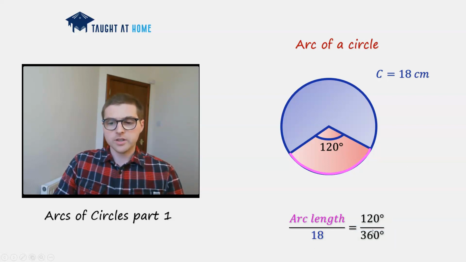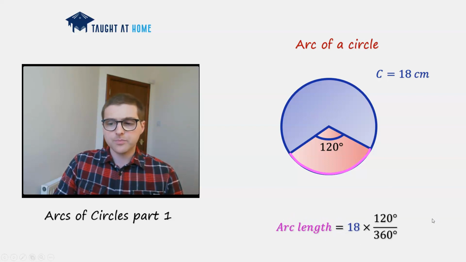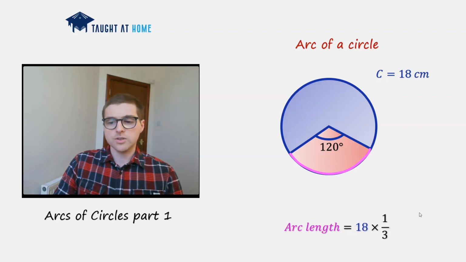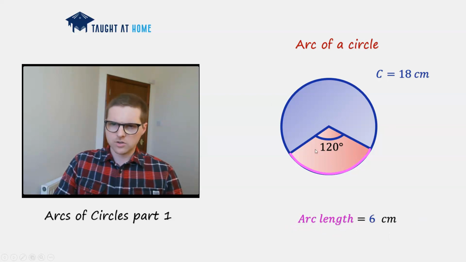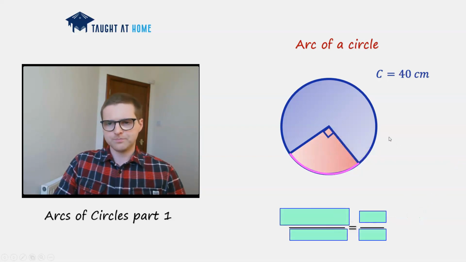We can multiply both sides by 18, and we can simplify this because 120 over 360 simplifies to 1/3, and 1/3 of 18 is 6 centimeters. So if the circumference is 18 centimeters and there's 120 degrees for the center angle, then this arc length would be 6 centimeters. Let's have one more example.